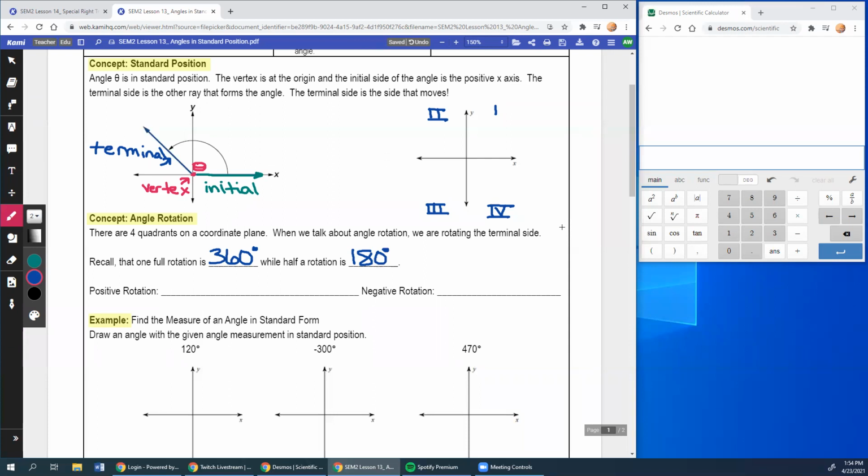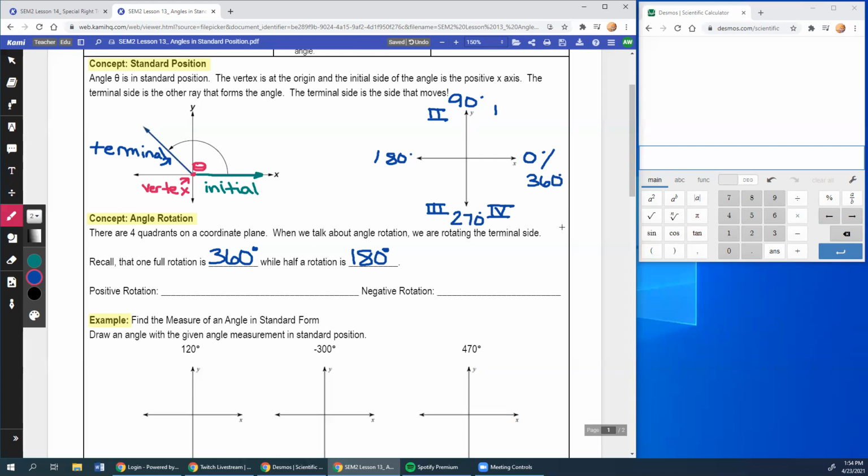We start on the x-axis, so we start at 0 degrees. Half of it is 180, meaning half of the half is 90. So each quadrant is 90 degrees, and then we come full circle back to 360.